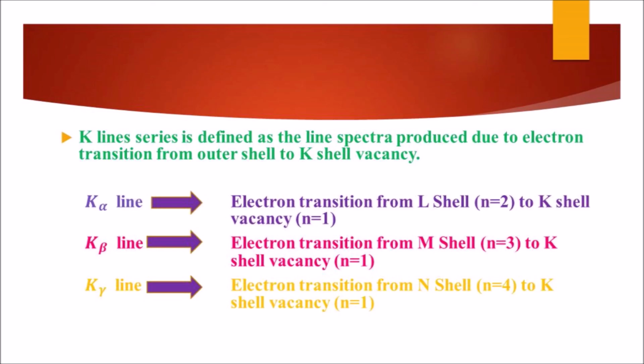K beta line is electron transition from the M shell to the K shell vacancy, that is n equal to 3 to n equal to 1. And next is the K gamma line, which means electron transition from the N shell to the K shell vacancy, that is n equal to 4 to n equal to 1.